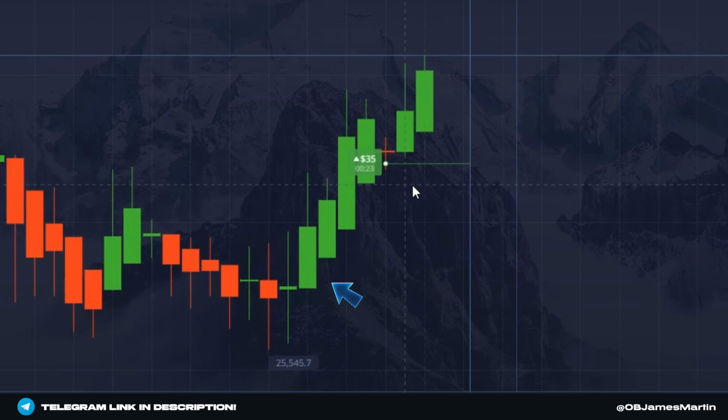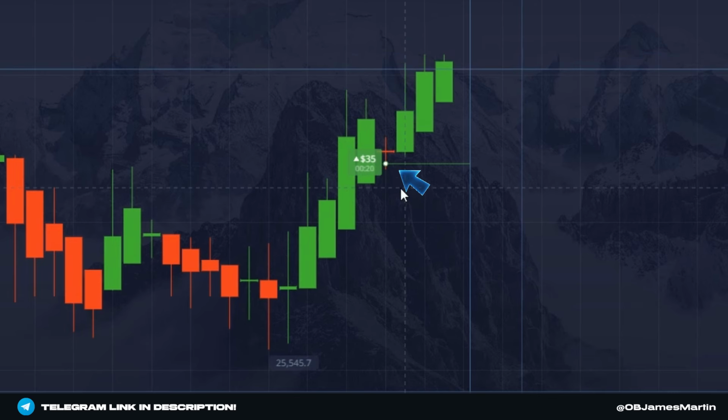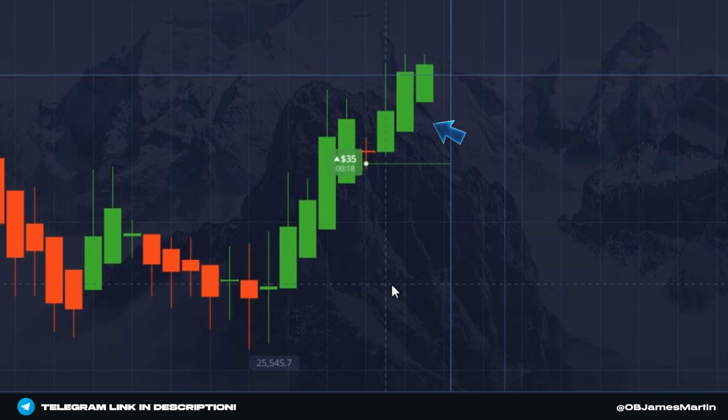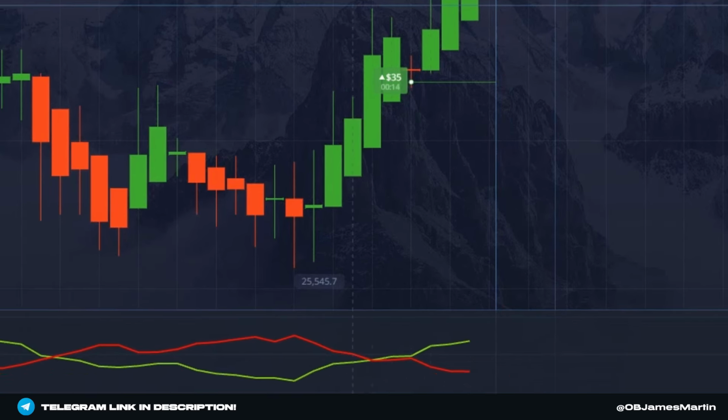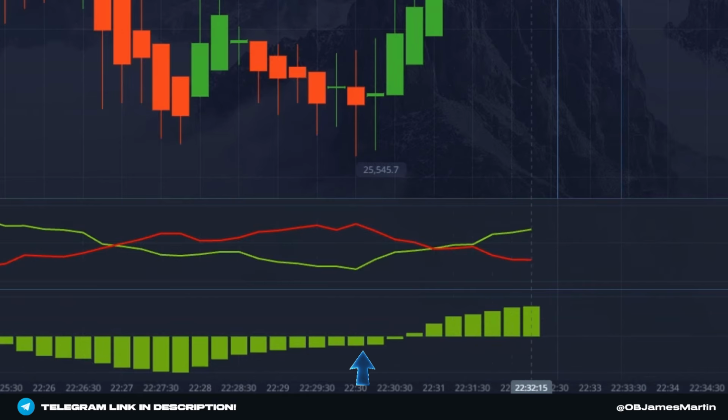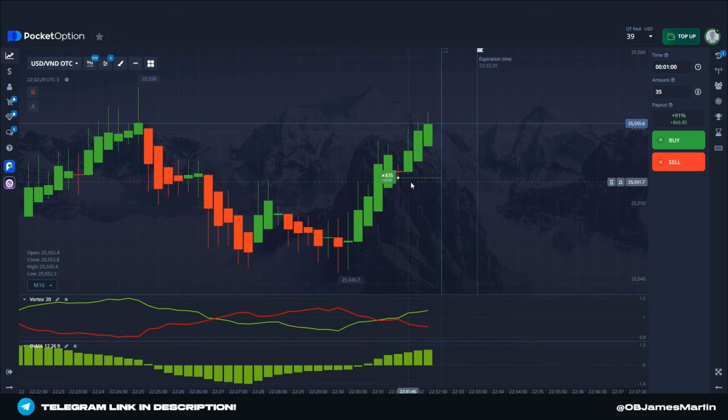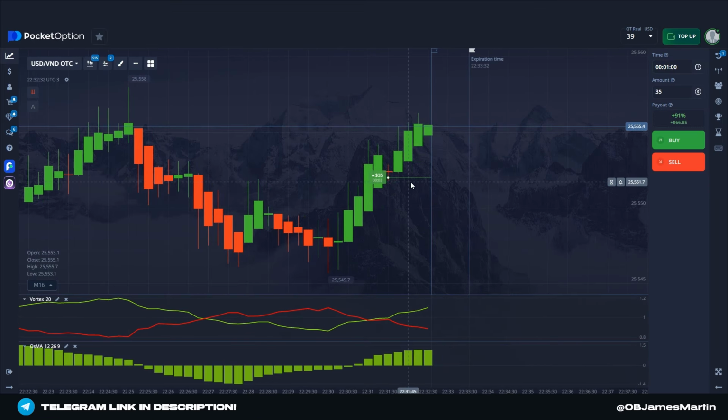Please do not enter a trade if you do not see that opportunity. You must see 2, 3, 4, maximum 5 candles in the market before you place a trade. That helps you enter the trade on time. So just wait to see that confirmation. And as you can see right here, guys, we also make a profit on that.